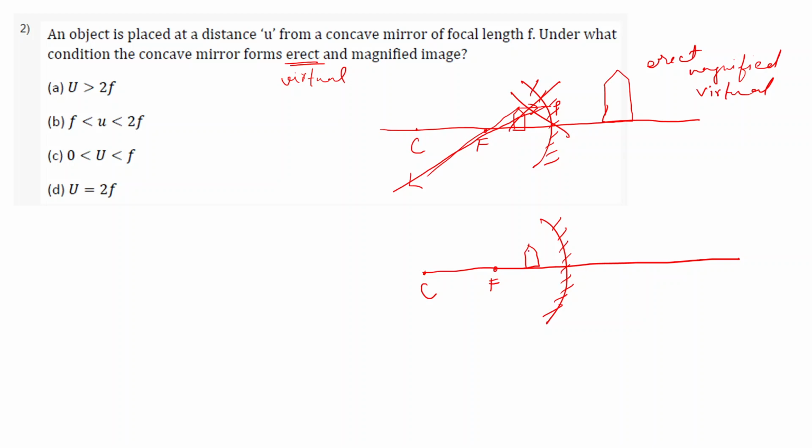Whatever light is reflecting from this object and going towards the mirror, if it's going parallel to the axis, it will reflect back and pass through the focus, and if a ray from it is going through the center of curvature, then it will reflect back along the same path, and on the other side we'll see it to be coming from a point where our virtual image will be formed.